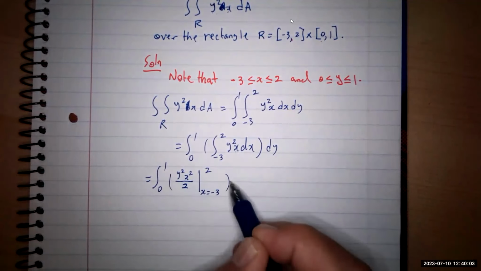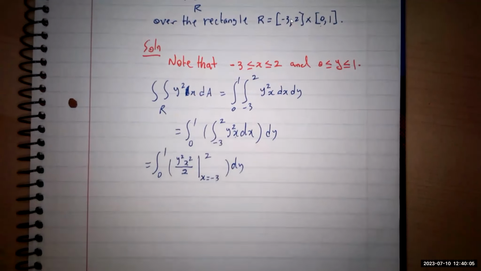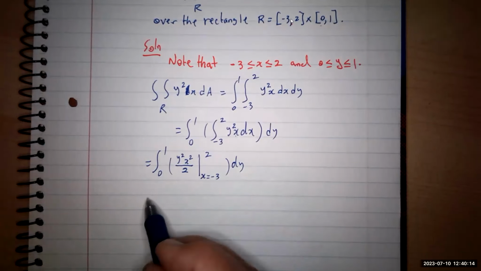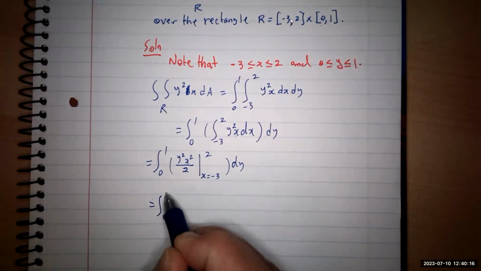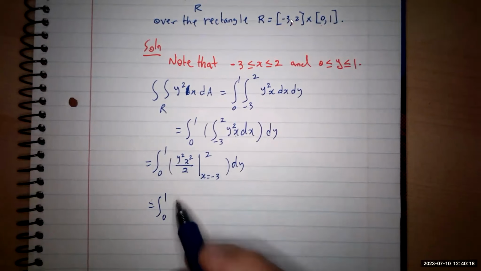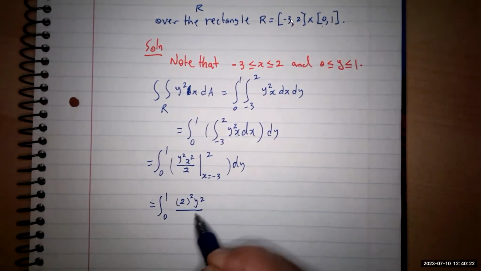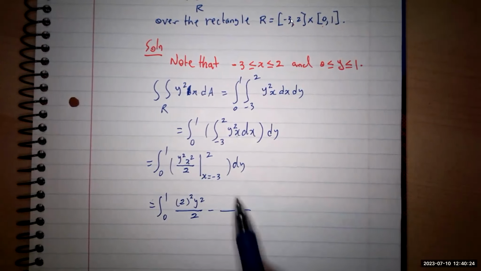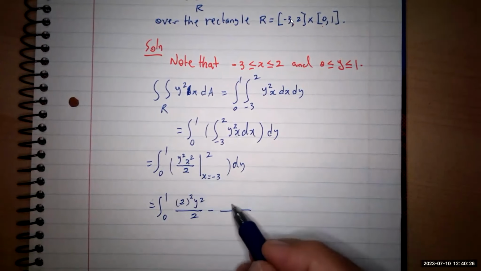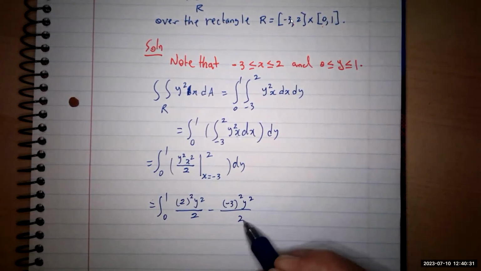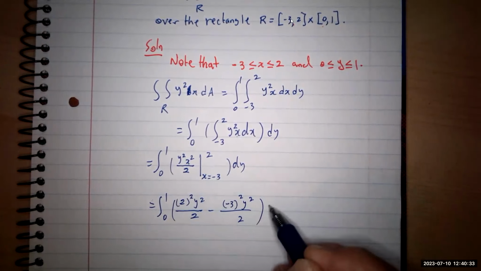When I'm done, then I take the y. I cannot simplify it, so replace x by 2 and -3, continue. So it's 0 to 1. I replace x by 2, so that gives me 2 squared times y squared over 2, minus, with x by -3, that gives me -3 squared y squared over 2. When I'm done, dy.